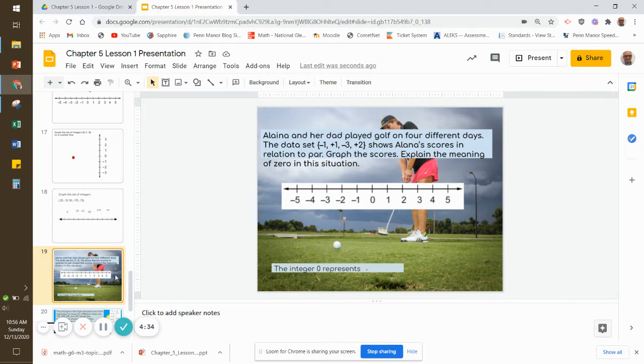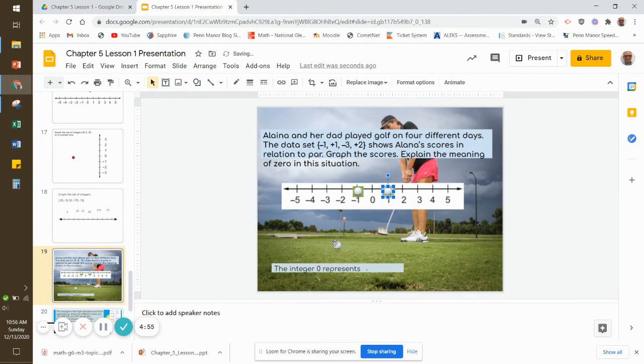We call that par. So you might need to know that before we go forward. So let's graph the 4 scores of these 2 players here. We have a -1, which is a good score, by the way, for golf. Very good score. And a +1, which isn't so bad. I wish I could do that.